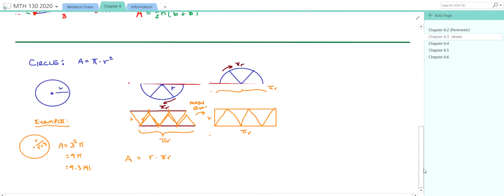So finally, we wanted to talk about the area of a circle and how we could visualize this. We start with a circle with a radius r. Radius is half the diameter. I cut that in half, and I section it like a tangerine.